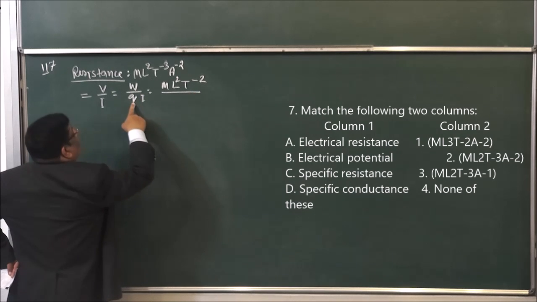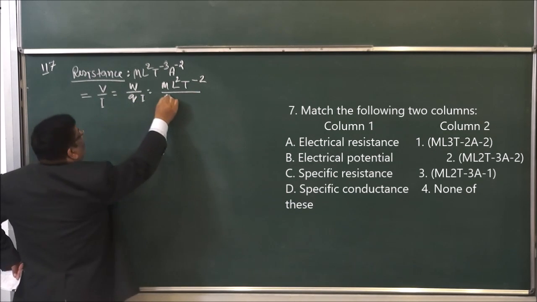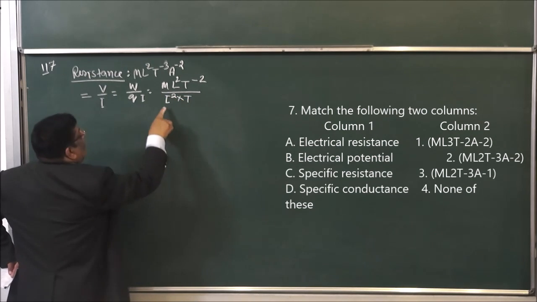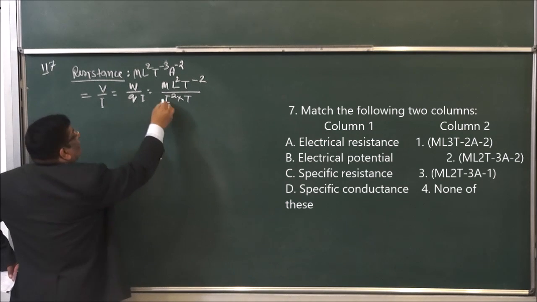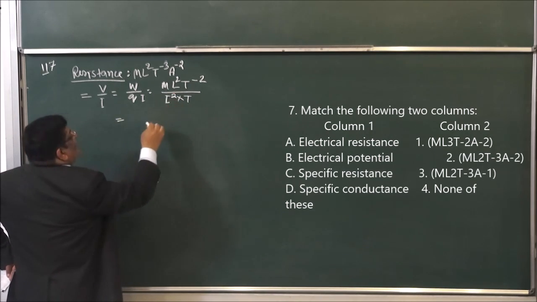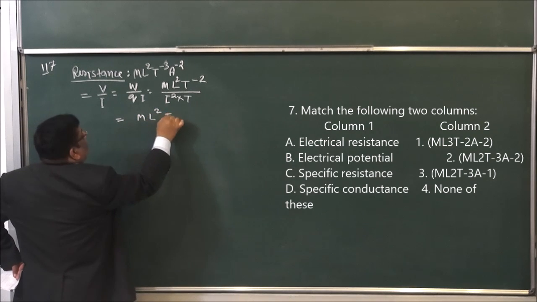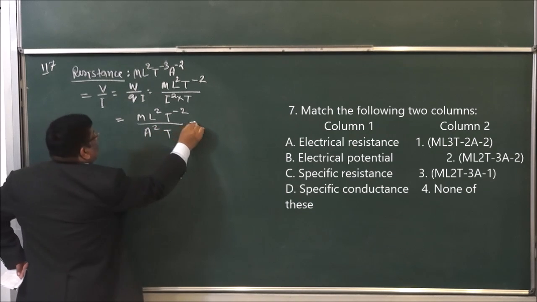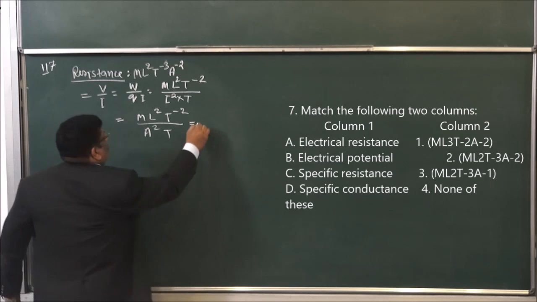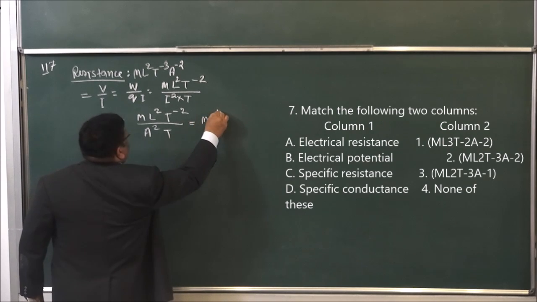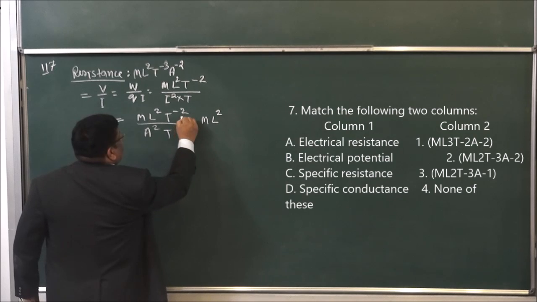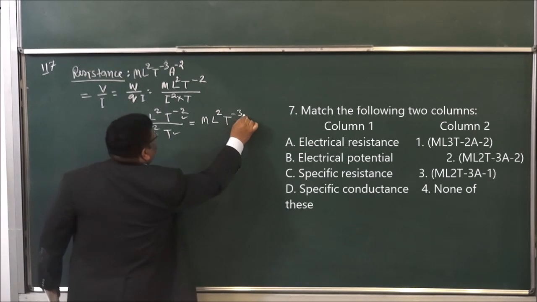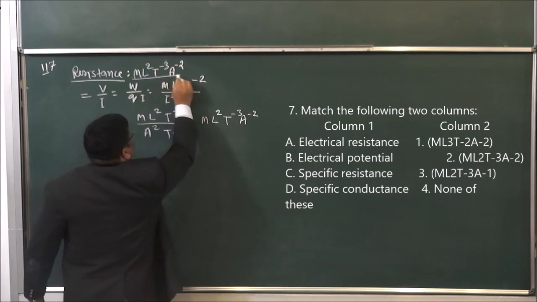Work divided by Q, where Q is I multiplied by time, and there is another I, and I has dimensions A, so I will convert it into A. So ML^2 T^-2 upon A^2 and T, and this is equal to ML^2 T^-3 A^-2, and you see this has come.